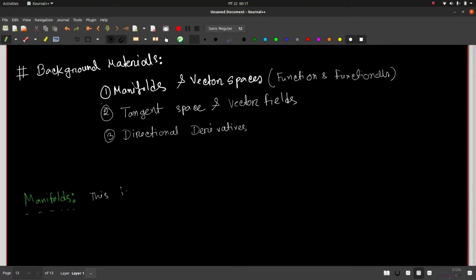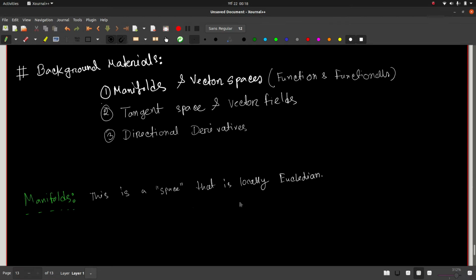Though it's not really appropriate to call it a space, for now to visualize the thing we want to call it a space. This is a space that is locally Euclidean.